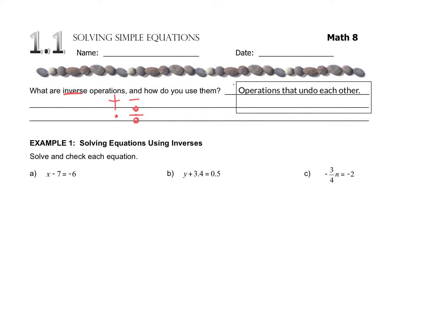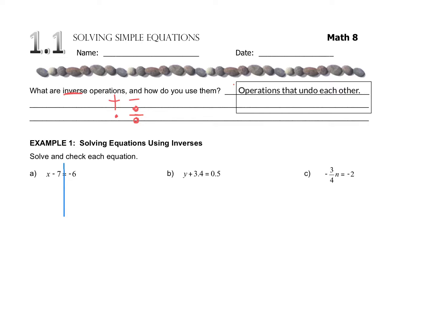So let's just see a couple of examples, and hopefully this will make some sense. So our very first example, x minus 7 equals negative 6. So a couple of things I want you to do so that you can make sure you understand. So the equal sign, we put this little wall down it. This wall is basically helping me see when I go over the wall that I have to do something to move my numbers.